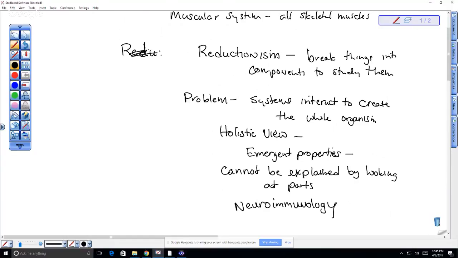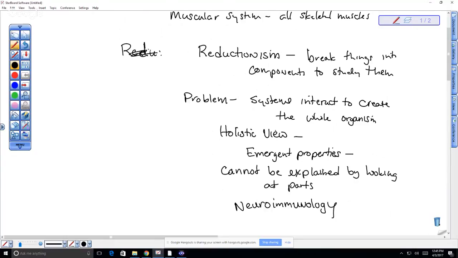Science has been really good at taking things apart, but now we have to start putting things back together again to understand how they work in coordination. You may have experienced this, especially with older people that have multiple illnesses.